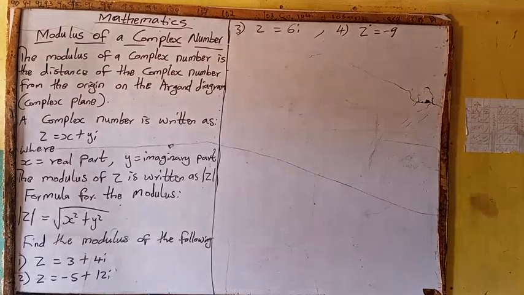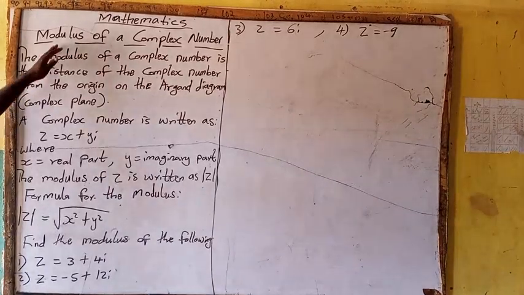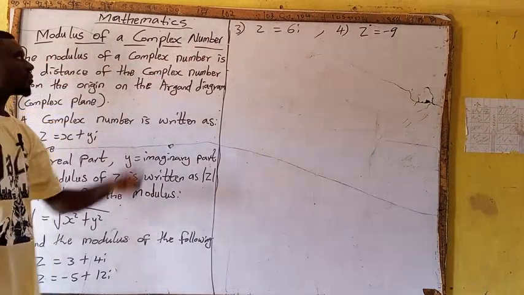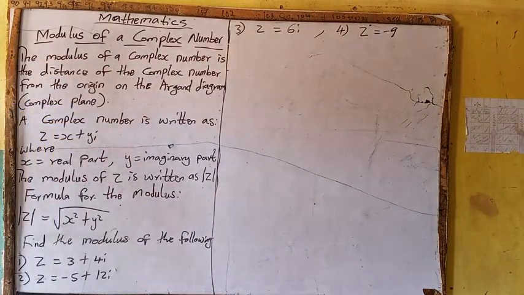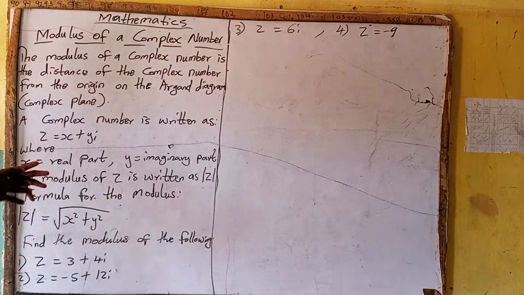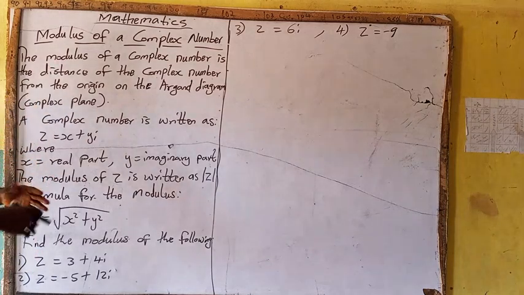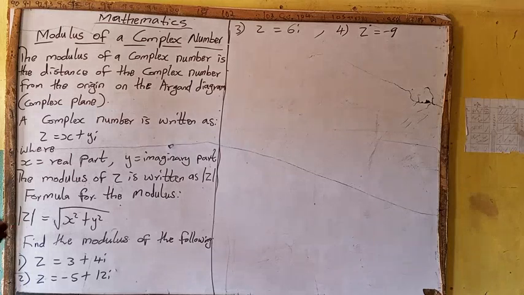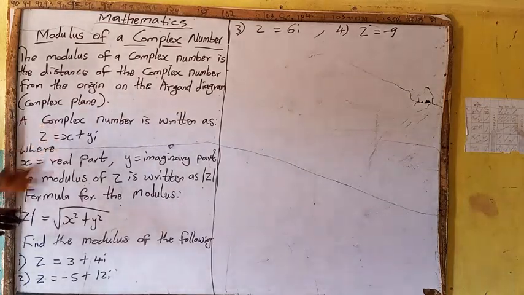All right. So just like I told you, we're going to be talking about the modulus of a complex number. Modulus is talking about the magnitude of the complex number.